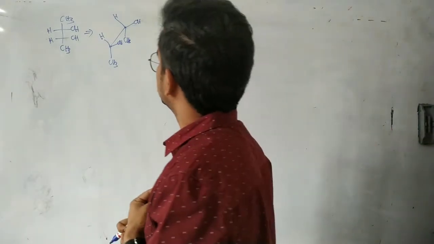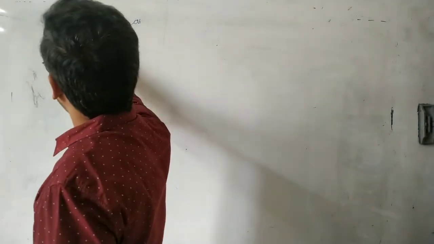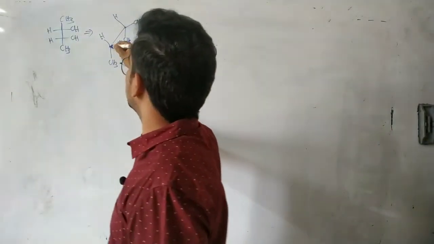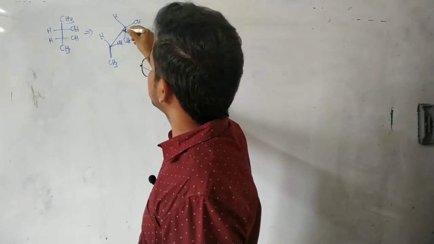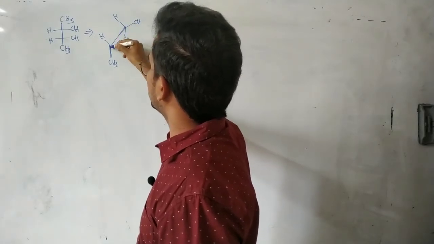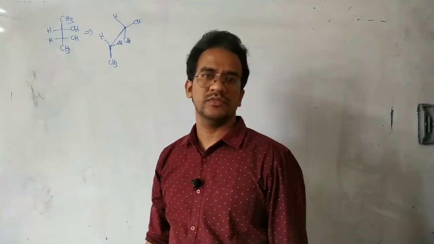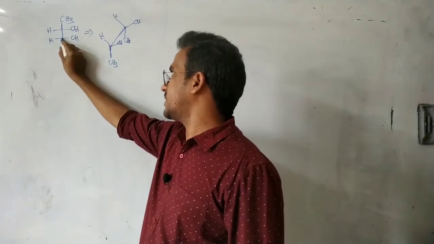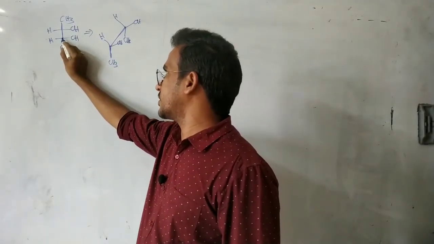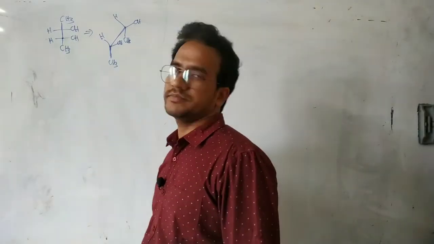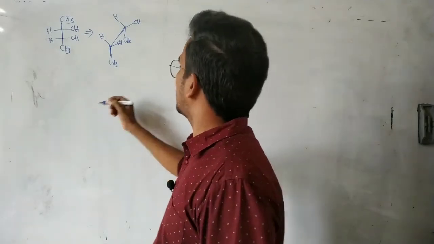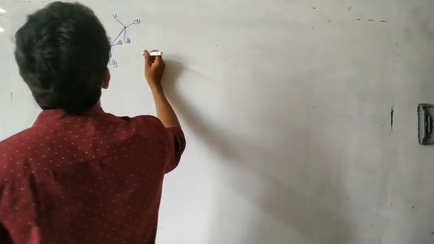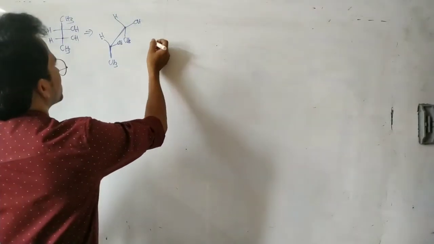Whatever is on the vertical line must be written in the downward direction. That means here methyl downward, here methyl downward. This is the bottom carbon and this is the bottom carbon. Now from this we can write the Newman projection formula.